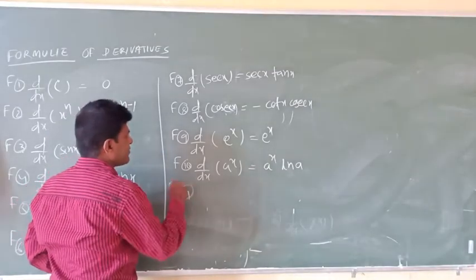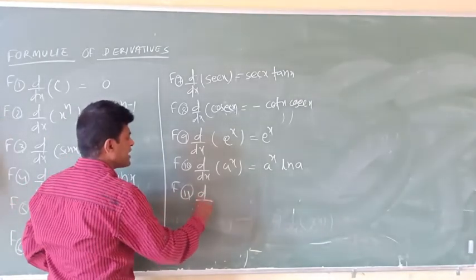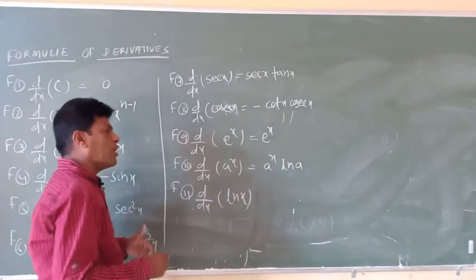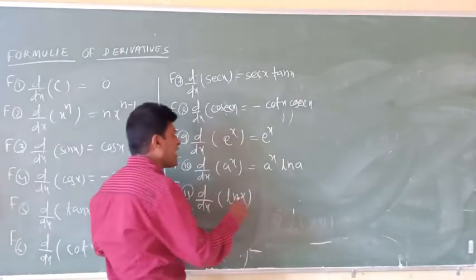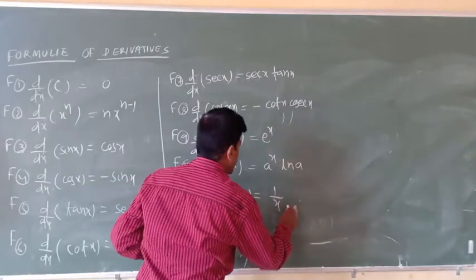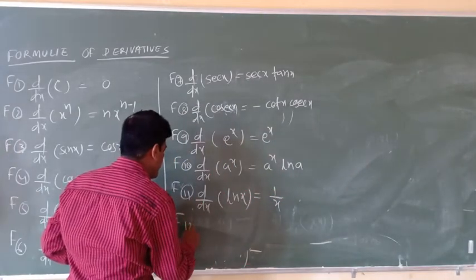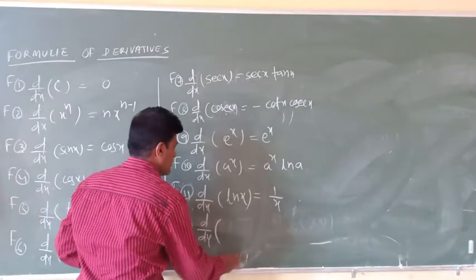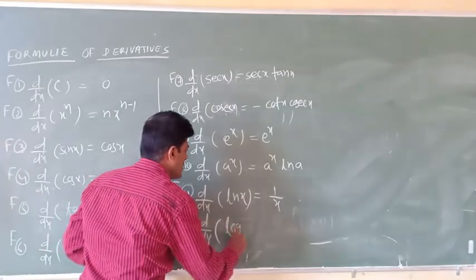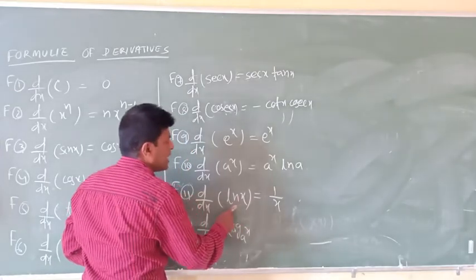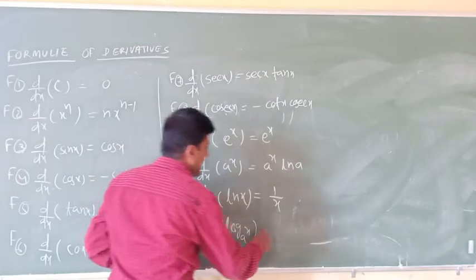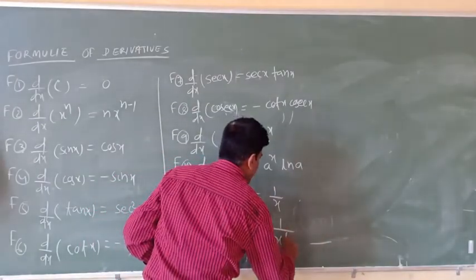Formula 11, d by dx of ln x, the natural logarithm, the logarithm whose base is e, is 1 by x. And formula 12, d by dx of log x to the base a, the logarithm whose base is a, is equal to 1 by x ln a.